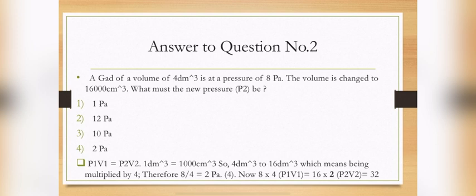P1 becoming P2 has to be divided. It was multiplied and now it is going to be divided, since, as I said, while the temperature is constant, the volume and the pressure are inversely proportional. So 8 divided by 4, P1 divided by 4, is equivalent to P2, which is 2 pascals. So choice number 4.